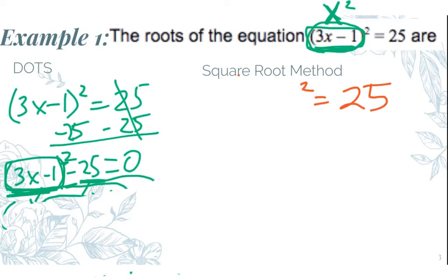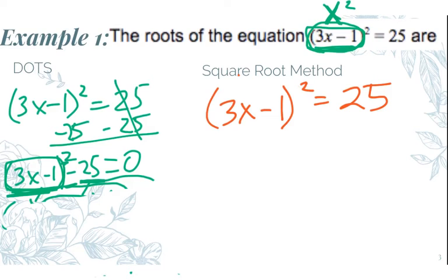I'm looking at it as a chunk, as one item, right? So 3x minus 1 squared. So one unit. There, that's a better word. Okay, so I've got this one unit being squared equals 25.